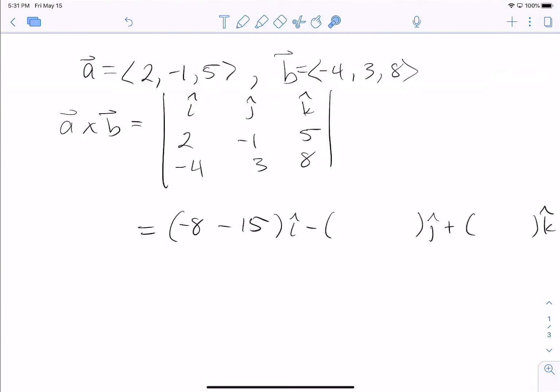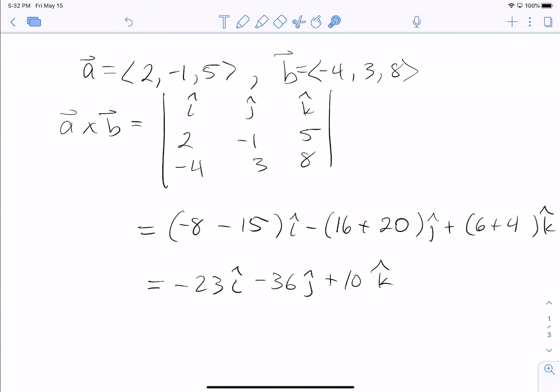Next, crossing out the row and column that contain j, we have 2 times 8 minus -4 times 5, so plus 20. And then crossing out the row and column that contain k, we have 6 plus 4. The result is -23i minus 36j plus 10k. And I just caught a mistake.